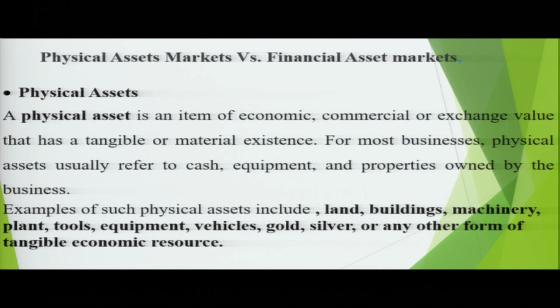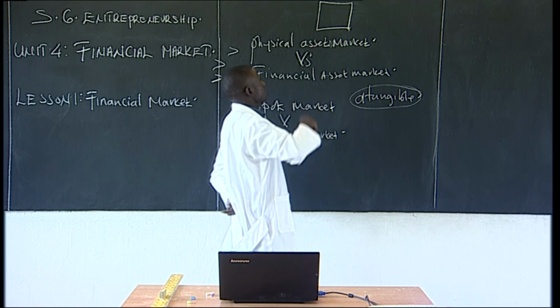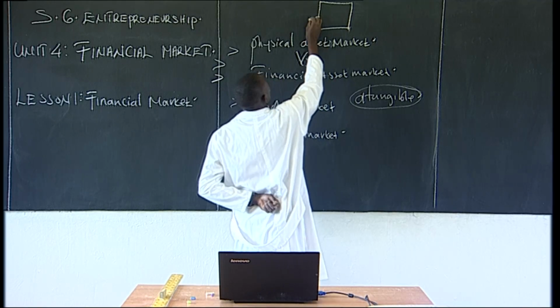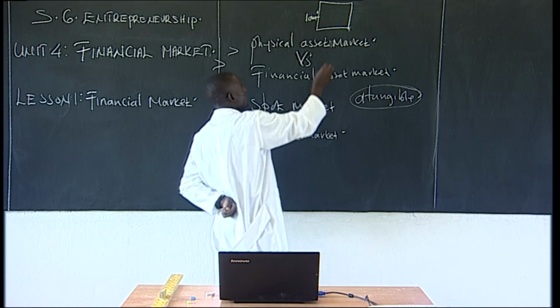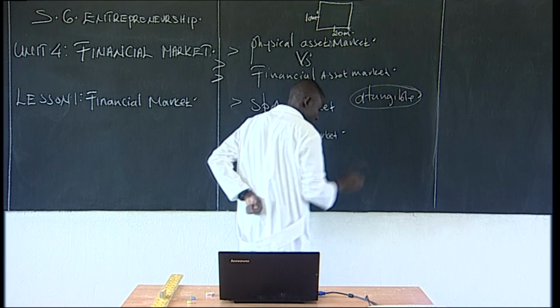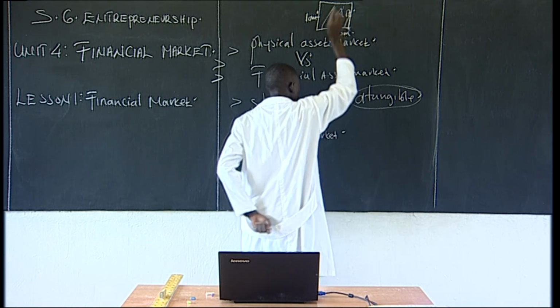For example, if you are having a land, this is your plot of land, you bought it in 2010, for example. It is having here 10 meters, your width, and your length, it is having 20 meters.